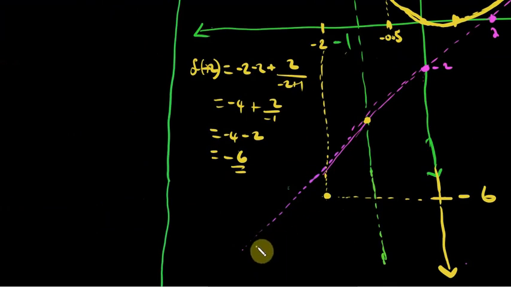So the graph will be in this region. It will approach the asymptote as x approaches infinity.